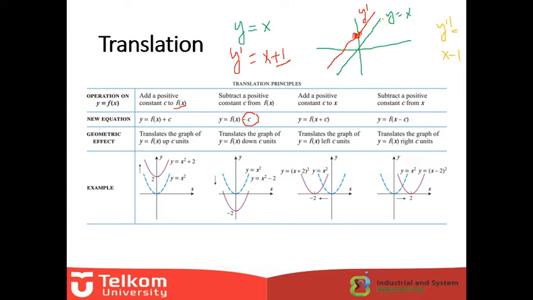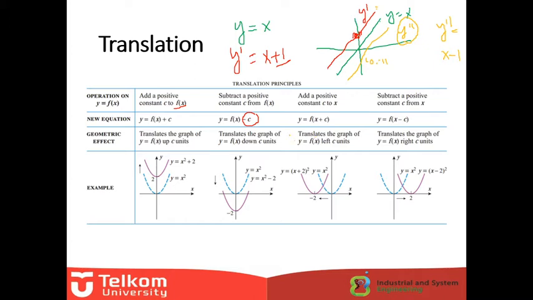We know about y equal x in here, so y double prime is x minus 1. So you move down. In here should be 0, minus 1. The line should be parallel with this one. In here is y prime, x plus 1, and in here is x minus 1.